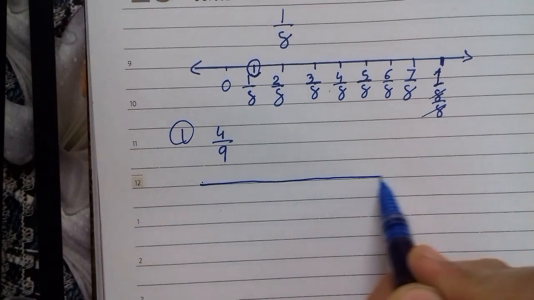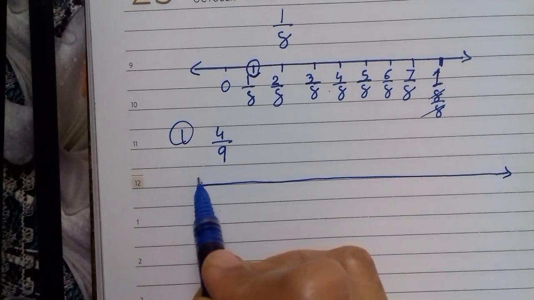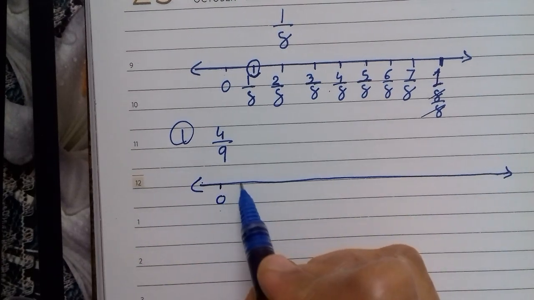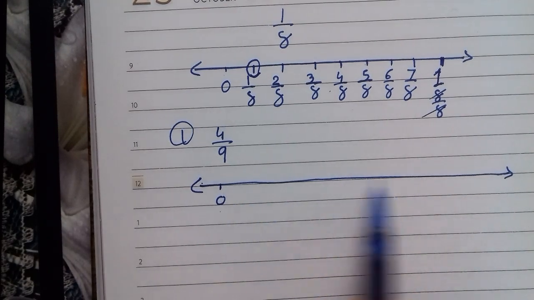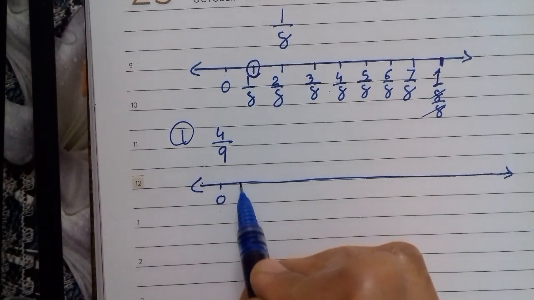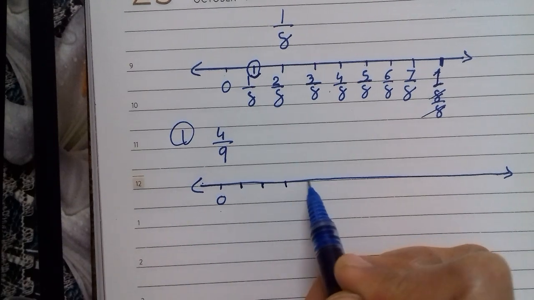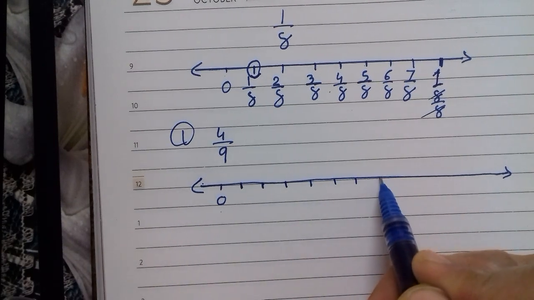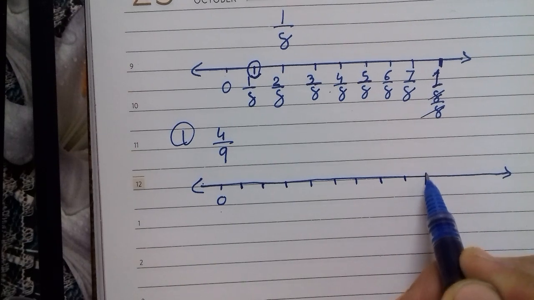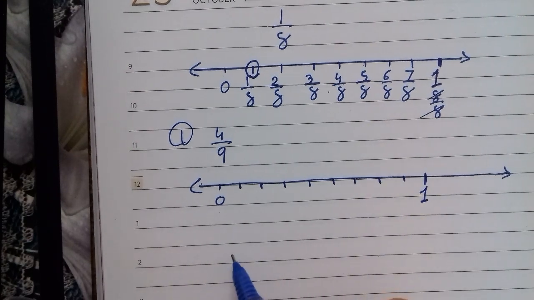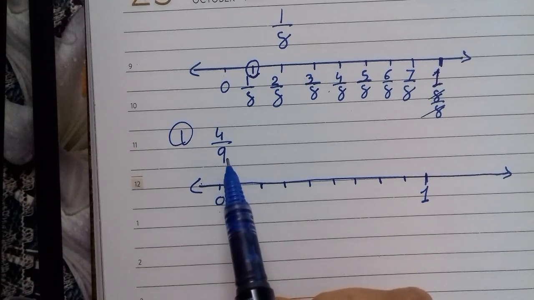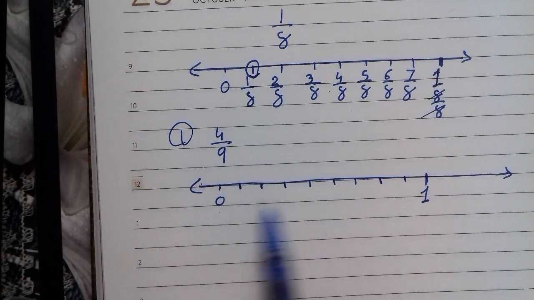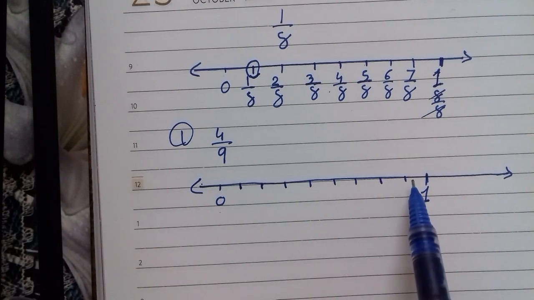That is 0, we will divide the first unit, that is 0 to 1, in 9 equal parts. 1, 2, 3, 4, 5, 6, 7, 8 and 9. Once again, 4/9 means 4 of 9 equal parts on the right side of 0.